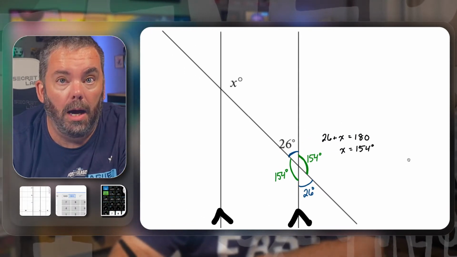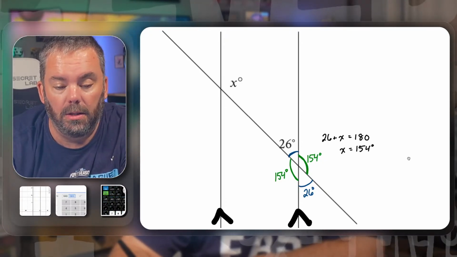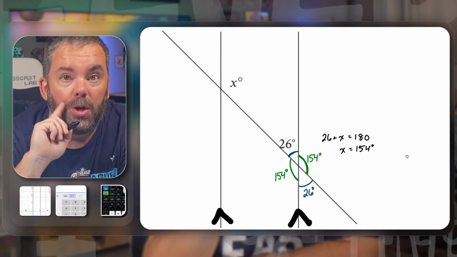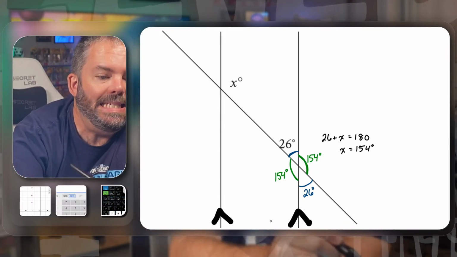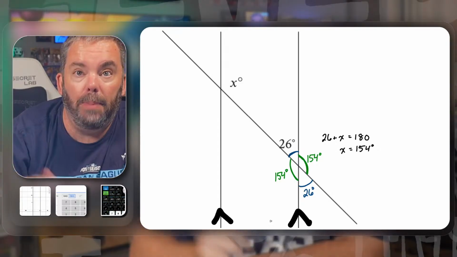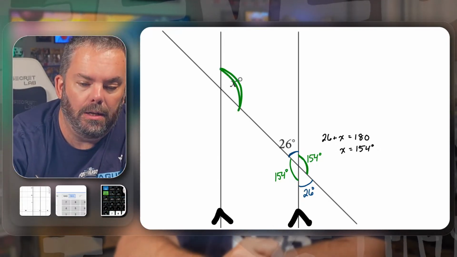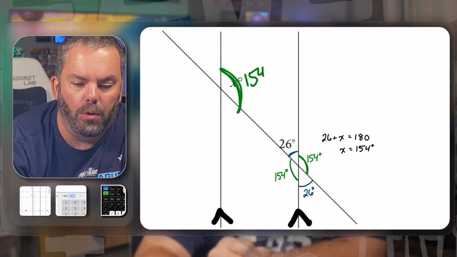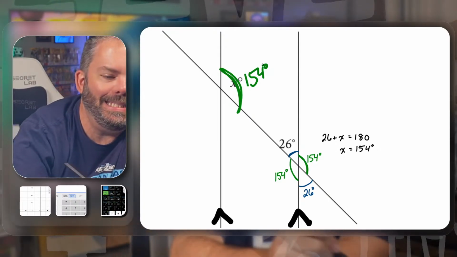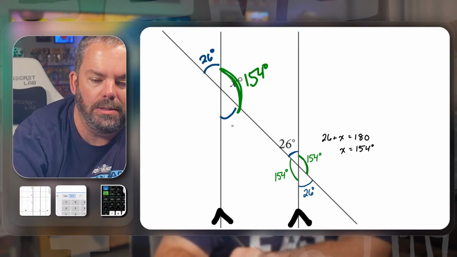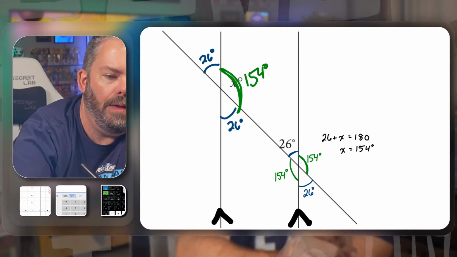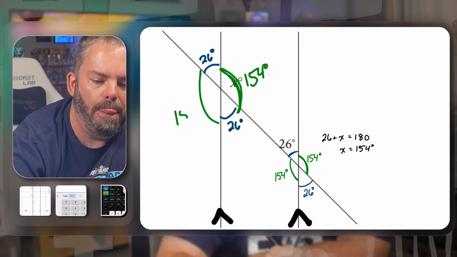Remember, you hire me as your private tutor, we could talk about this longer, but in this problem, what you need to notice is that since m and n were parallel, this angle here is also 154 degrees, because the exact same thing is happening right here. This would be 26 degrees and 26 degrees, and this over here is 154.